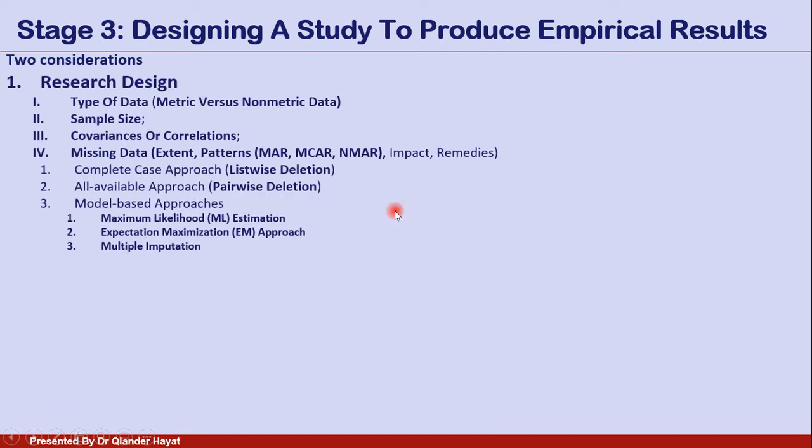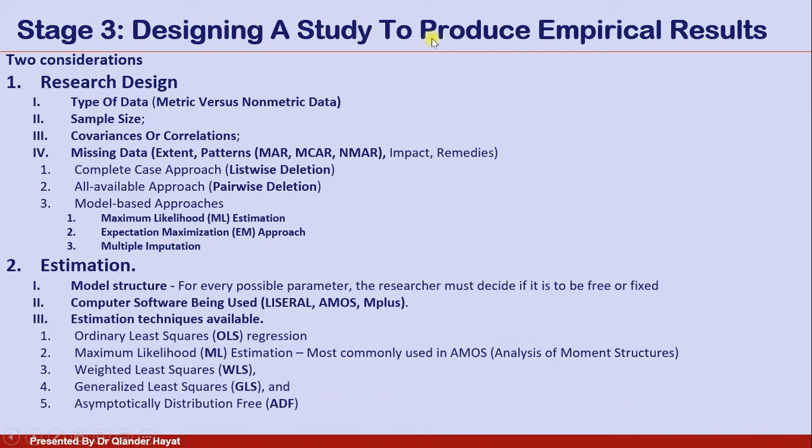First of all, you have to see the data in terms of measurement: either your data is metric or non-metric. The second thing you have to analyze is the sample size. The third thing is covariance, or whether you are going towards correlations.